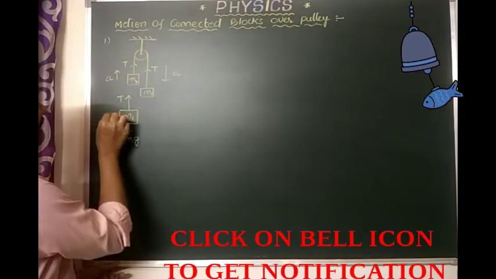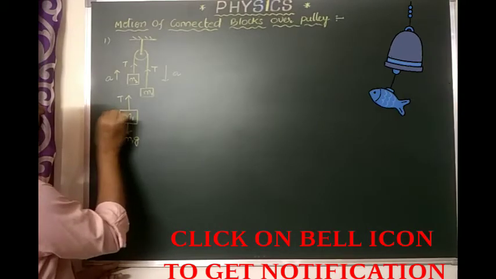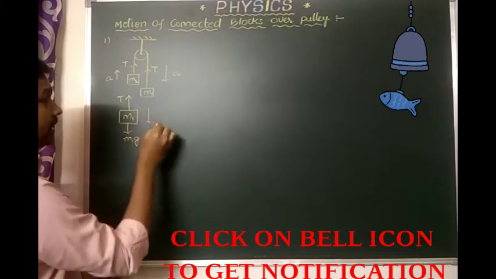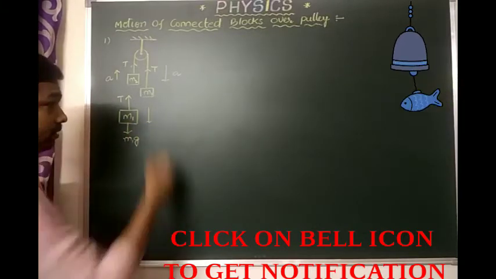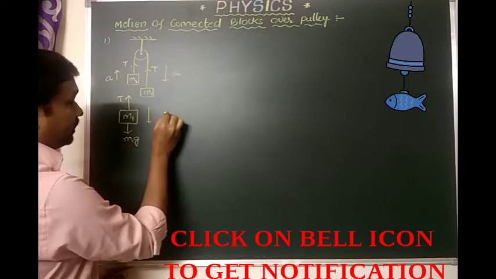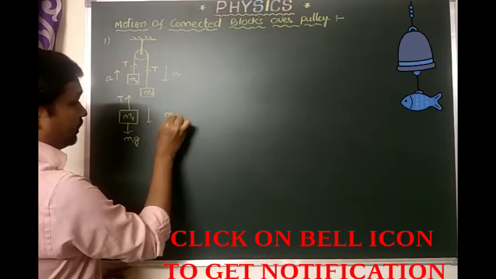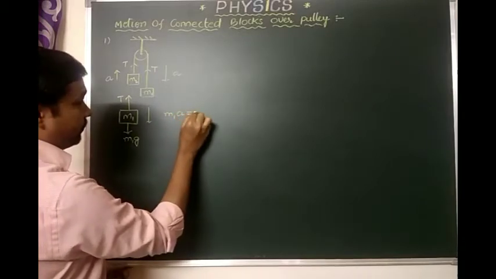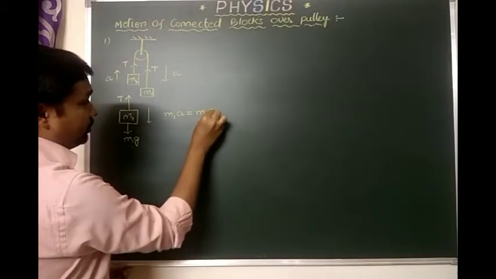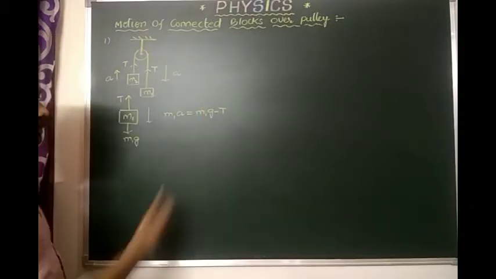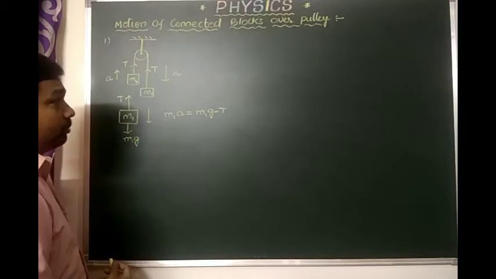What is the net acceleration on this? The net acceleration will be in the downward direction, so we can write one equation on this basis. The net force acting downward with acceleration a is m1a, which equals m1g minus tension T. This is the first equation for this free body diagram.